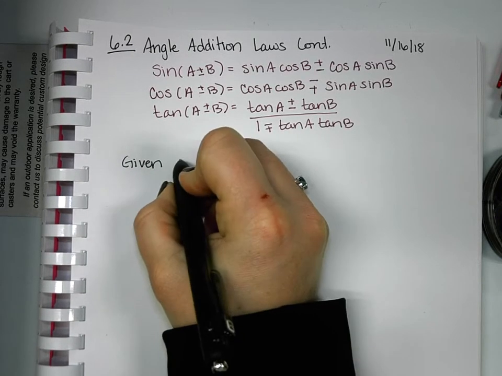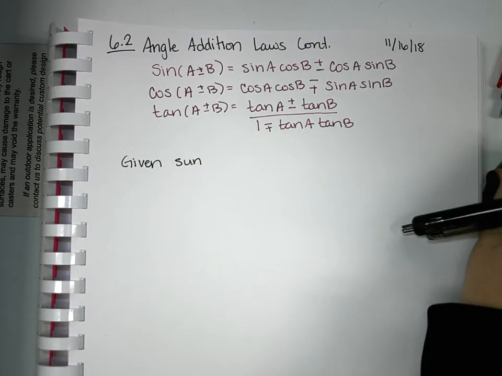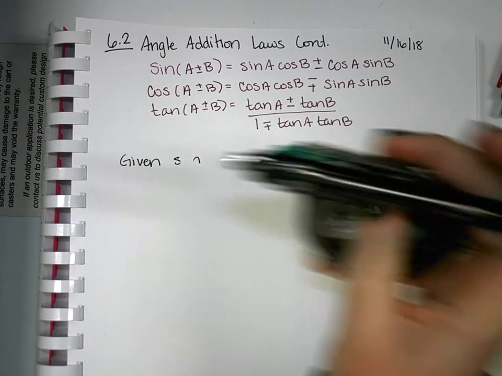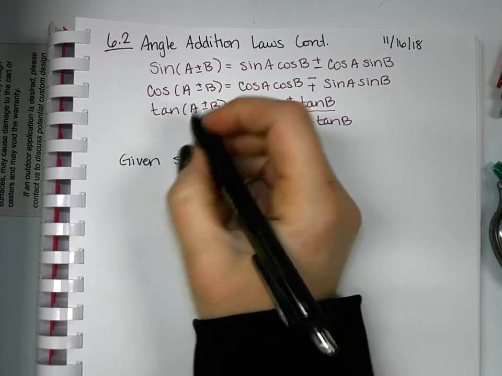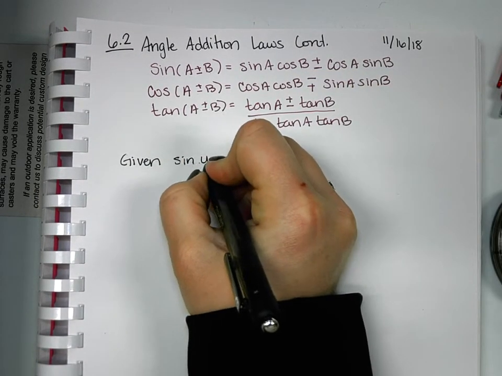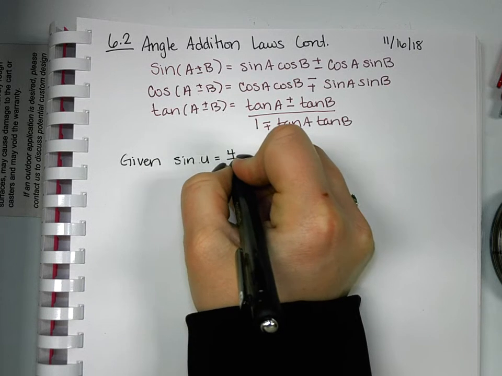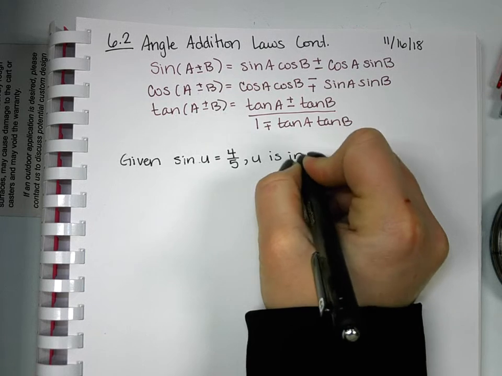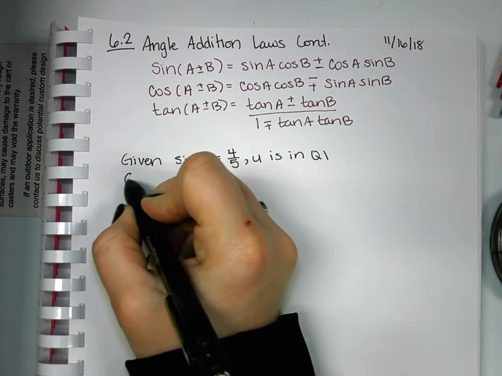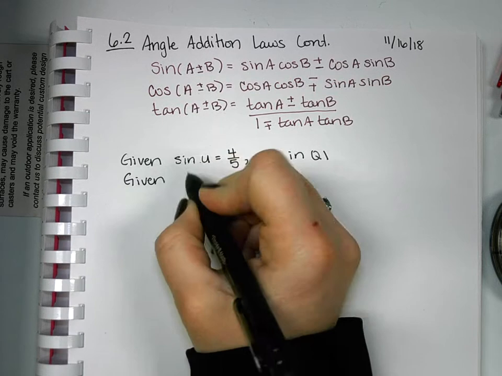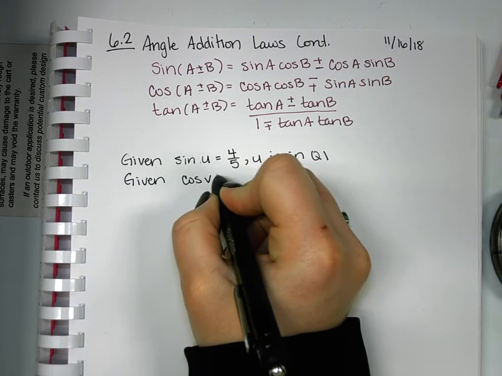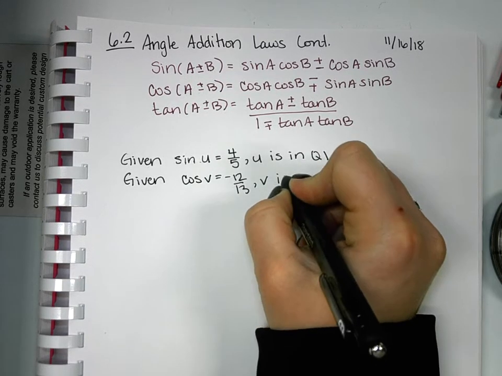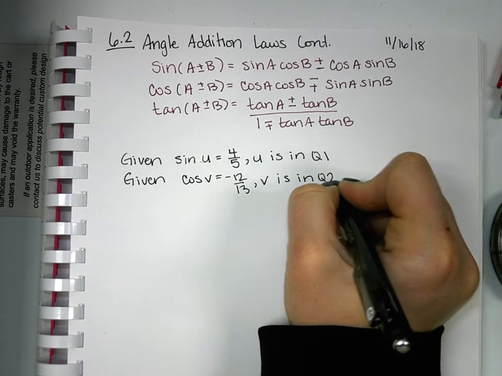So here we're going to be given that sine of angle U is equal to 4 over 5, and U is in quadrant 1. And we're also going to be given cosine of V equaling negative 12 over 13 when V is in quadrant 2.